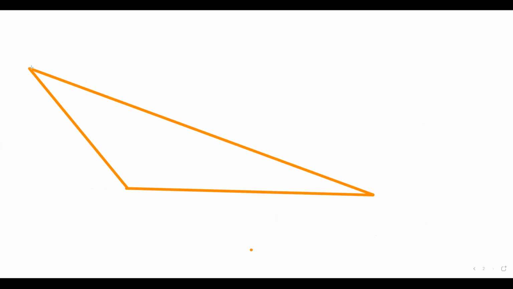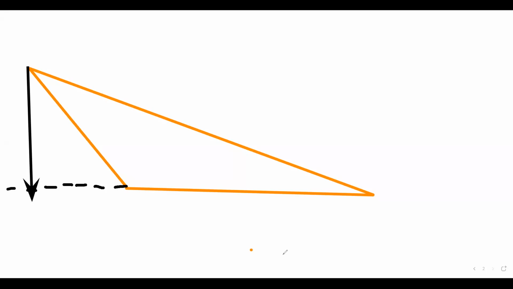So how will it be? It will be like this. It is starting from the vertex to the opposite side. Now, where's the opposite side? I will draw an extended line like this in order to stop here.